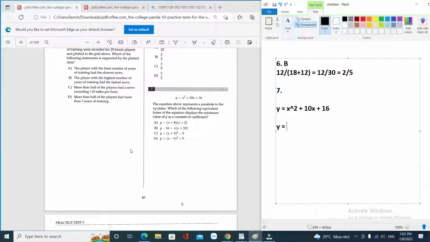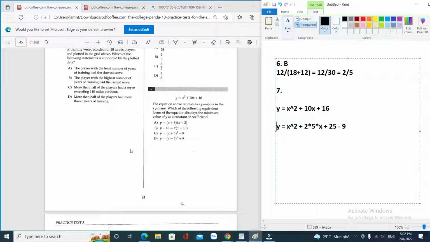So y is equal to x squared plus 2 times 5 times x, plus 5 squared, which is 25, and because it's 16 originally, we have minus 9.